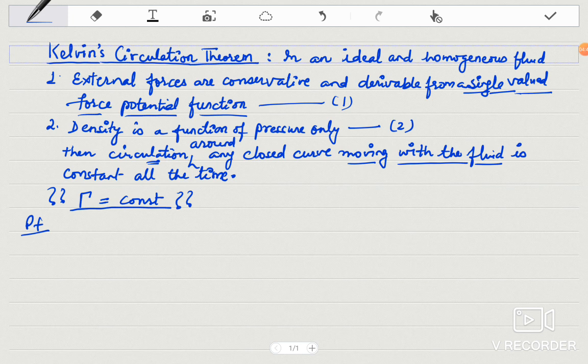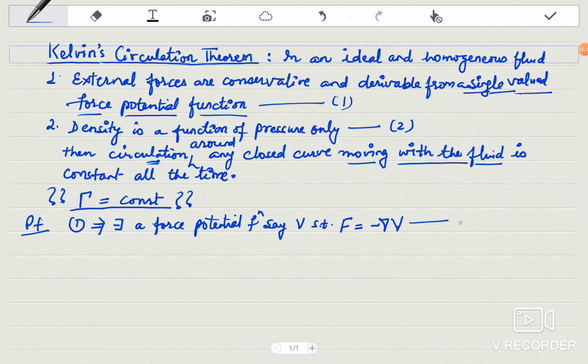Now, first of all, the first condition implies that there exists a force potential function, say V, such that your force F may be written as gradient of V. This we have discussed many times in earlier lectures.